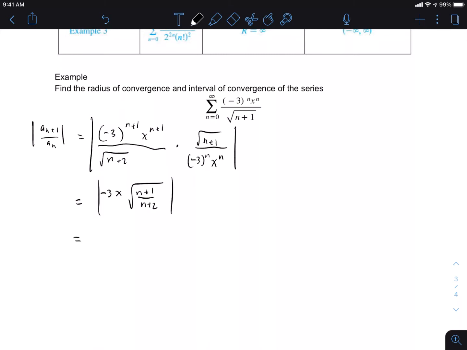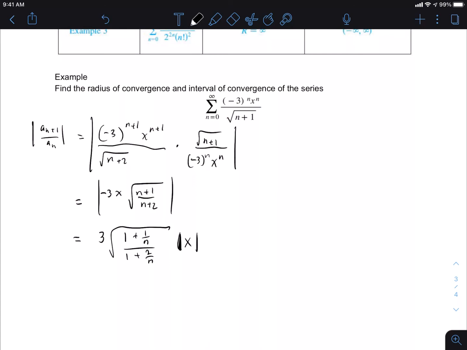So what this tells me is I'm going to get a +3, and then on the inside I'm going to manipulate it a little bit by dividing everything by n. So I'm going to get 1 plus 1 over n over 1 plus 2 over n. Absolute value of x, right? Because that's where the restriction comes into play.